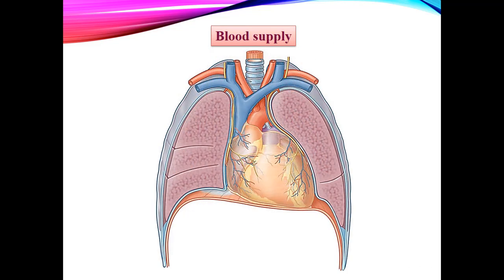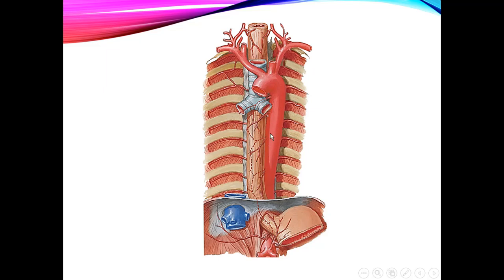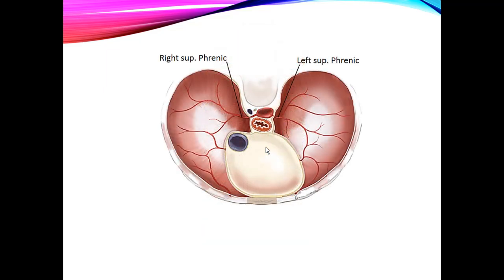The pericardium is supplied by several arteries. It's supplied by the pericardiophrenic arteries, by branches from the descending aorta or thoracic aorta, and also by branches from the superior phrenic arteries.